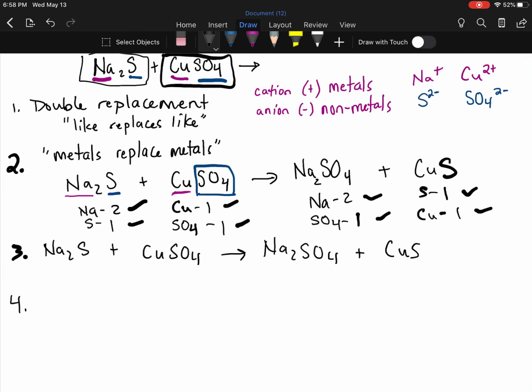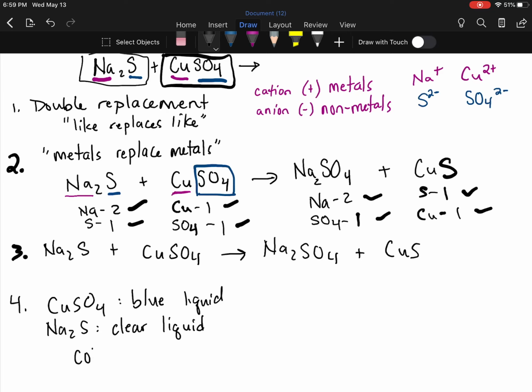So question 4 is simply, I want you to look at the reaction and tell me what you notice. So I would say copper sulfate is a blue liquid, and sodium sulfide is a clear liquid. These are just, I want you to describe what you're seeing. When they mixed together, there was a color change. Obviously, please write in complete sentences.